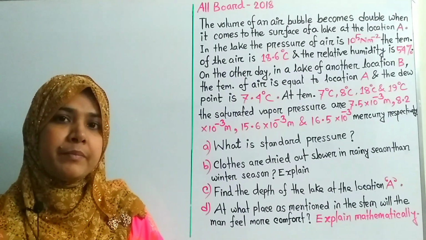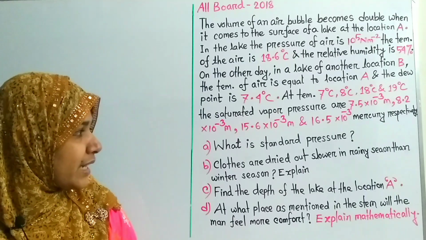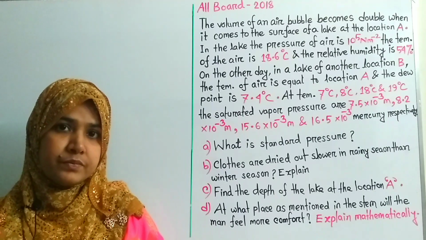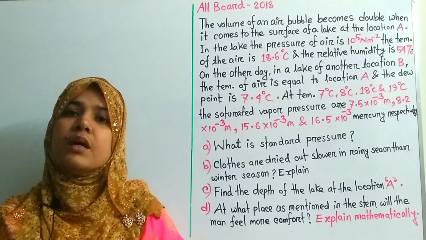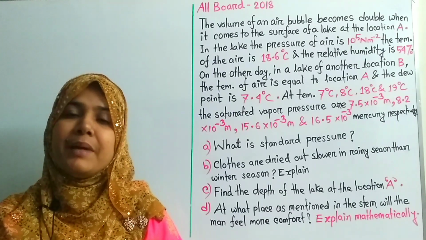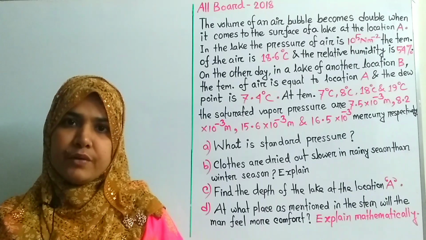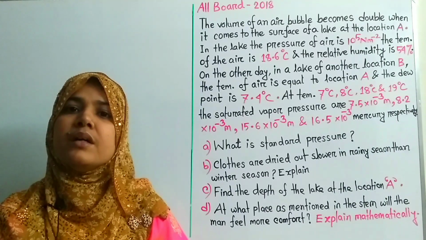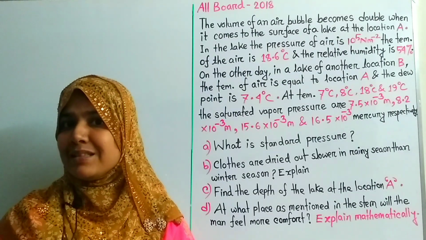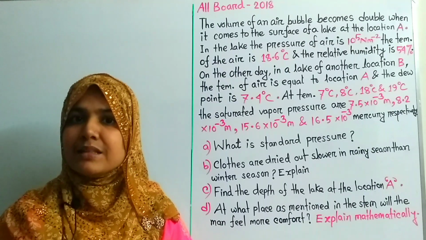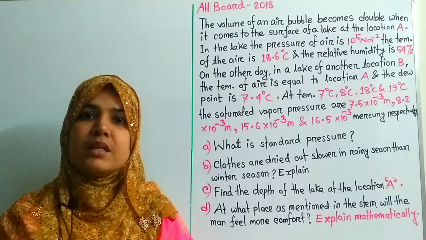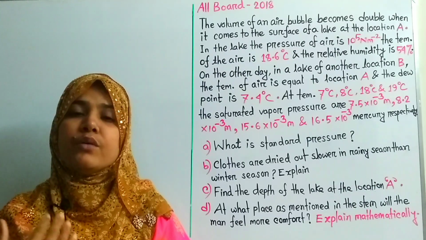Now question B: clothes dry out slower in the rainy season than in the winter season. Explain. You all know that wet clothes dry out due to evaporation, and evaporation mainly depends on the humidity of air. If the humidity of air is less, that is, the amount of water vapor in the air is less, then the air is dry and the wet cloth will dry out faster.